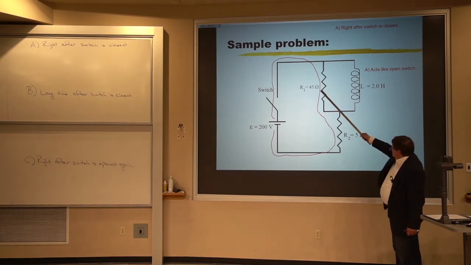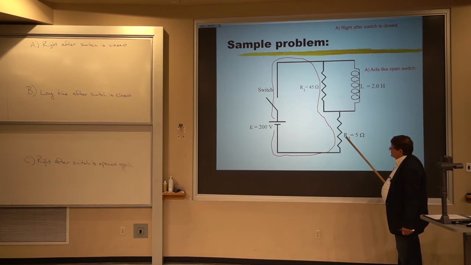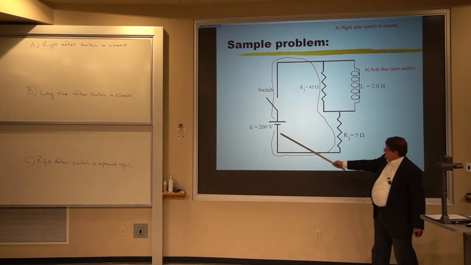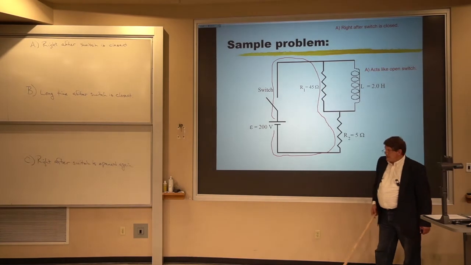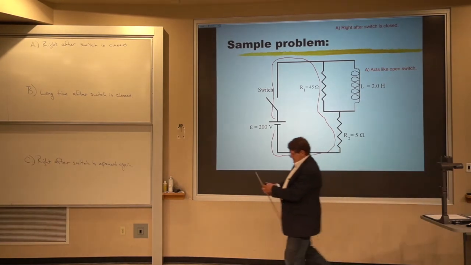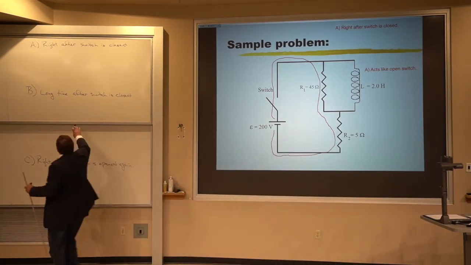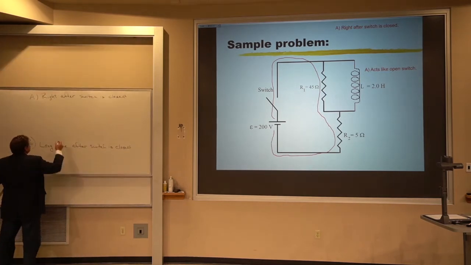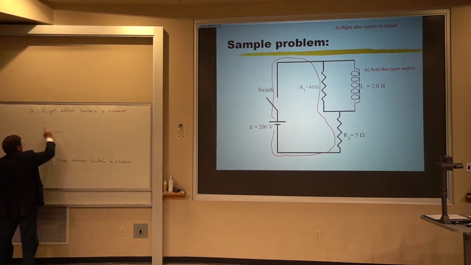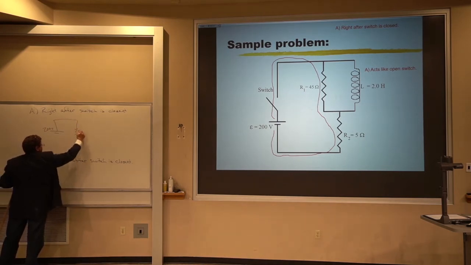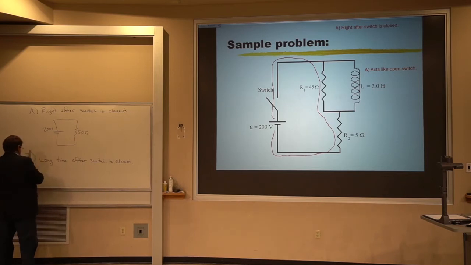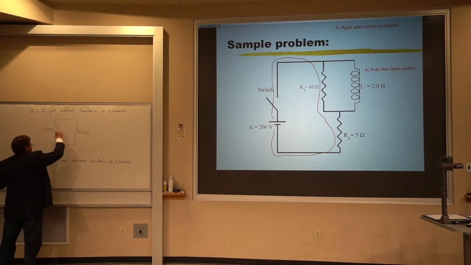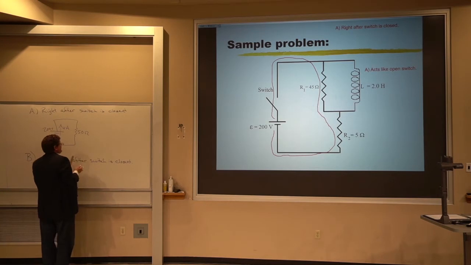Well, that means I've got 45 ohms plus 5 ohms in series, that's 50 ohms. If I use V equals IR with a 200 volt battery, I've got 200 volts pushing across 50 ohms, and that's going to give me a current of 4 amps.